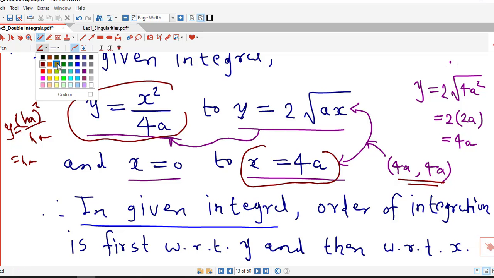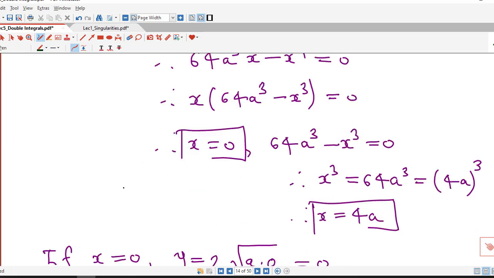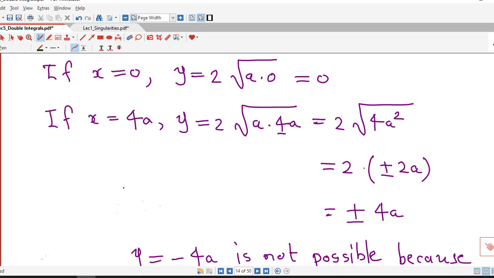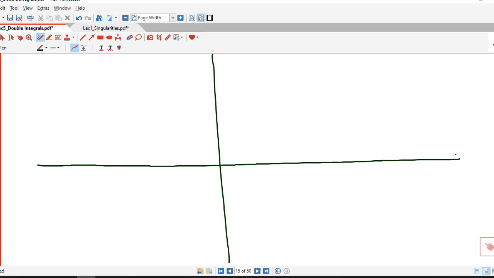So now we are able to sketch the region of integration, and we have these two parabolas. So first we sketch the coordinate axis, x-axis and y-axis.